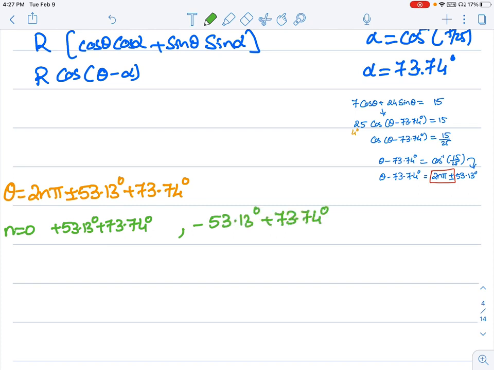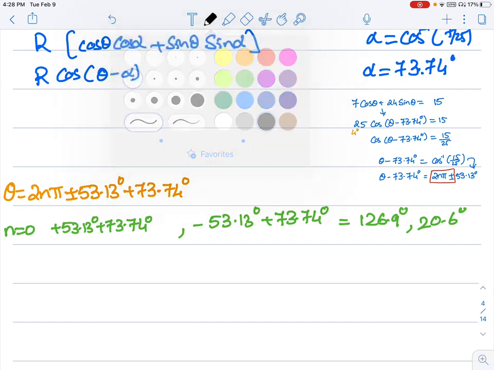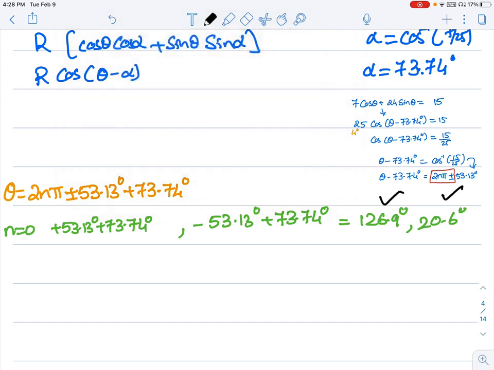So these answers become 126.9 degrees, or 73.74 minus 53.13, which gives me 20.6 degrees. Both are in the range between 0 and 360, so I consider both the angles, no issues.